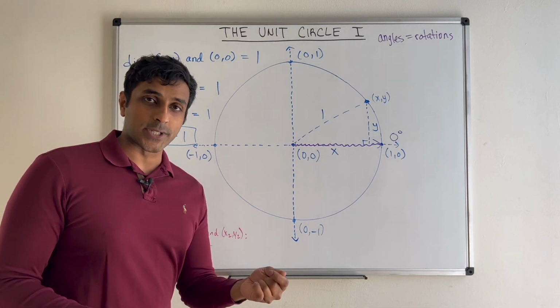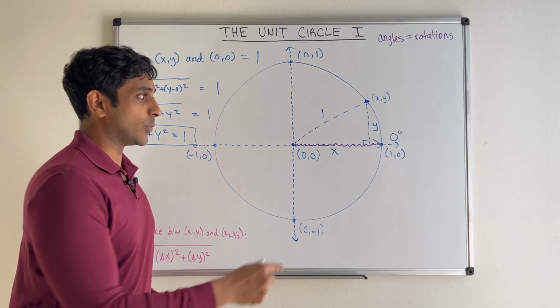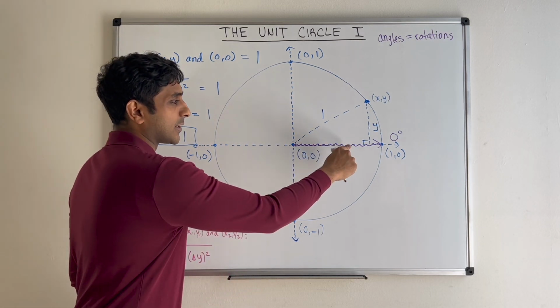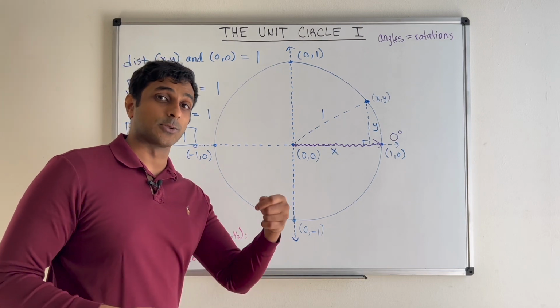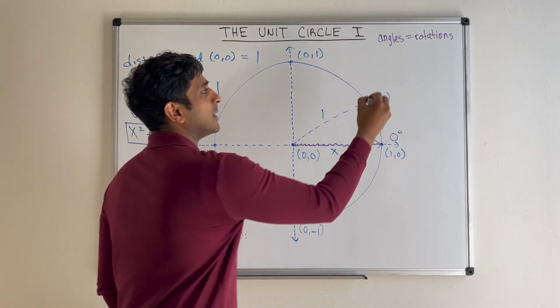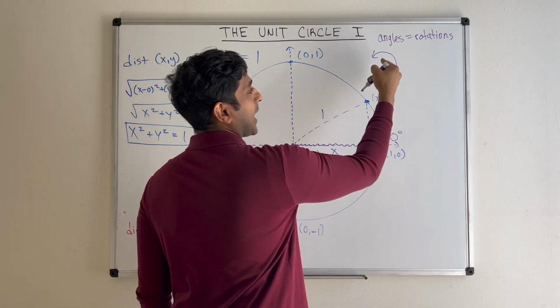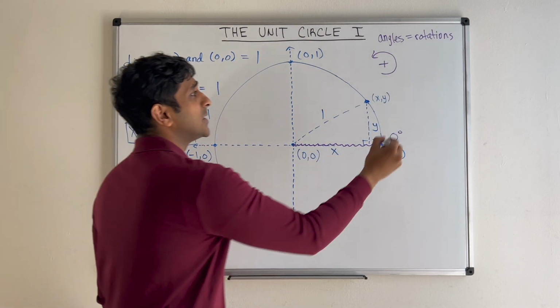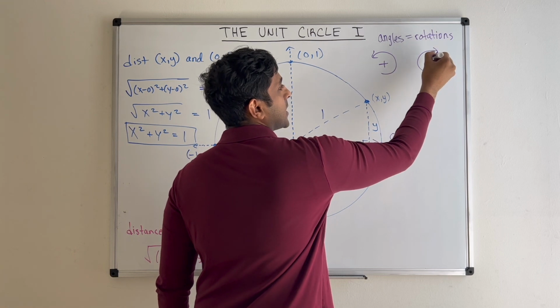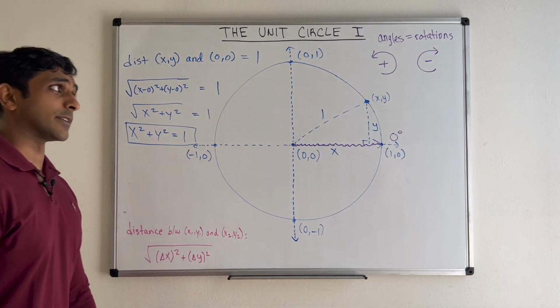Now, when we rotate, there's 2 directions we can rotate, right? We can go counterclockwise and we can go clockwise. And the way that we're going to differentiate between those 2 directions is with a positive sign and a negative sign. So if we do a counterclockwise rotation, we're going to consider that positive. And if we do a clockwise rotation, we're going to consider that negative.